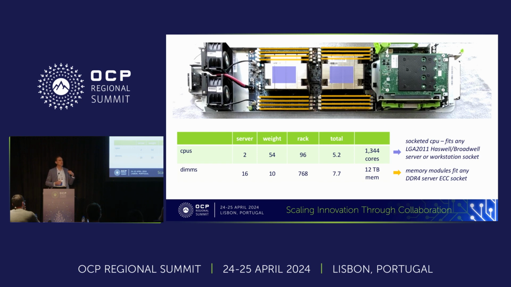So they take their DIMMs out, they reuse them. And the strength really of the OCP ecosystem is that you can just take out the sockets and put them in any other socket or server, a Broadwell or Haswell server or workstation. Same with the DIMMs. They're DDR4 specified, so it's really easy to take out. So it really enhances the reuse aspect.